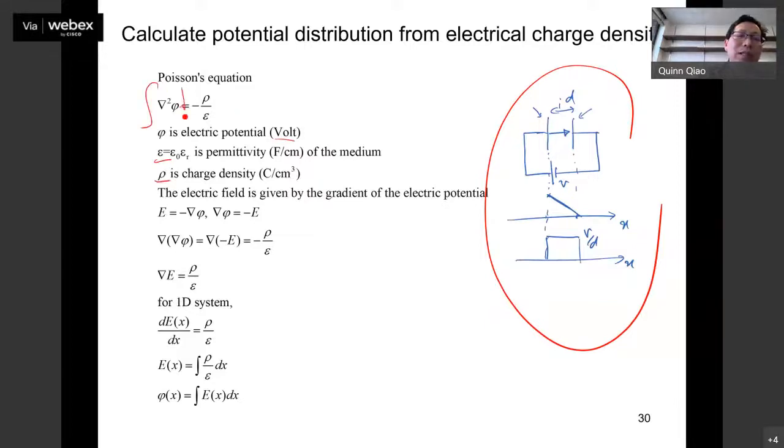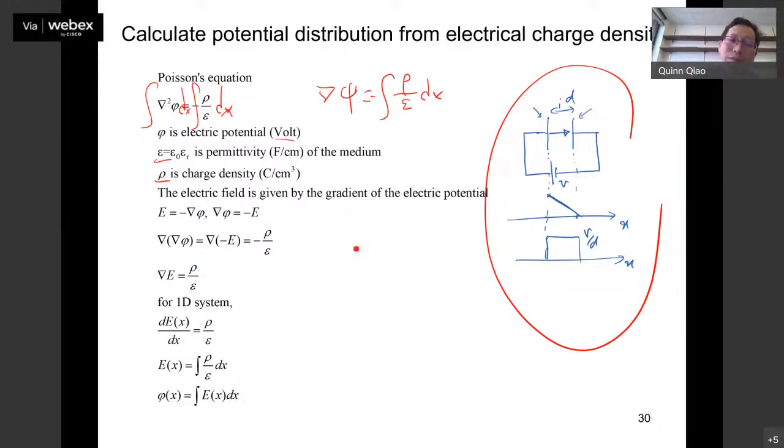If you start from here, you do integration with x, in 1D. Then you basically get the gradient of the potential, with a minus one, equal to the integral of rho over epsilon dx.